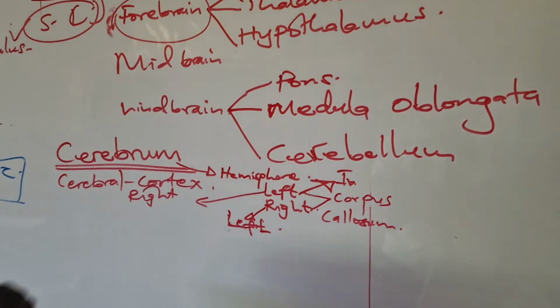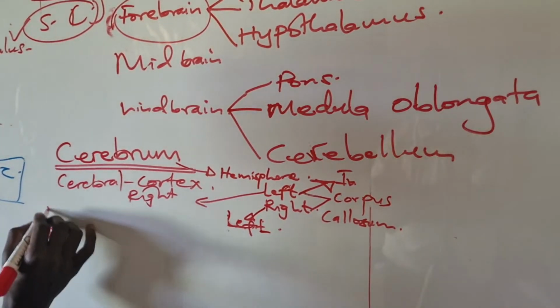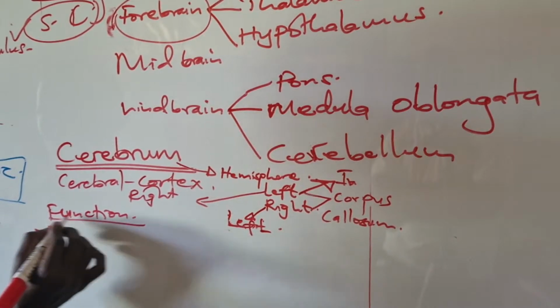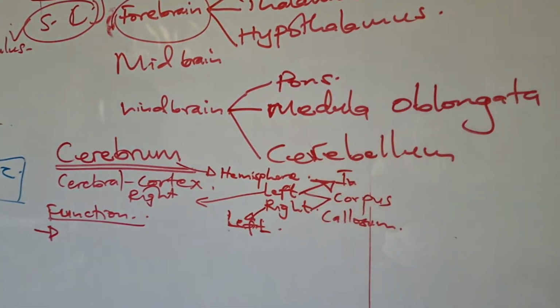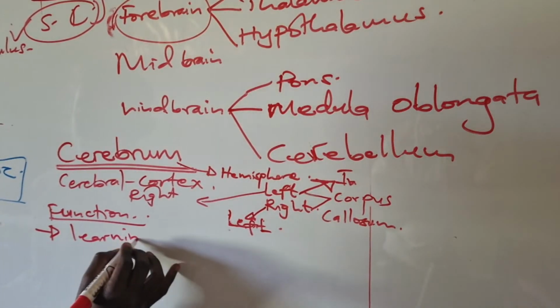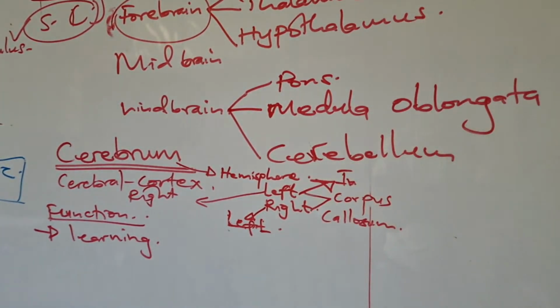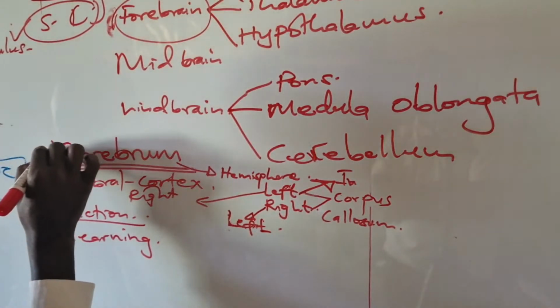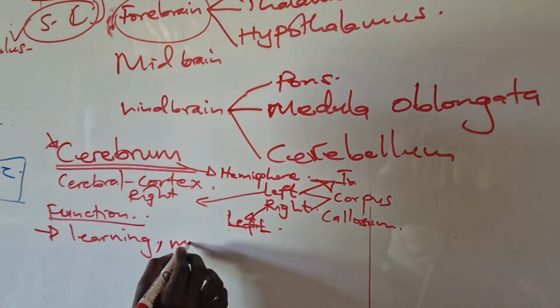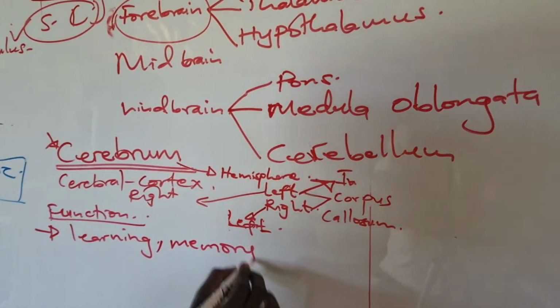The major function of the cerebrum is to control and coordinate learning. You learned how to dance, how to talk, just because of this part of the brain. Memory, it is where whatever you know is kept.